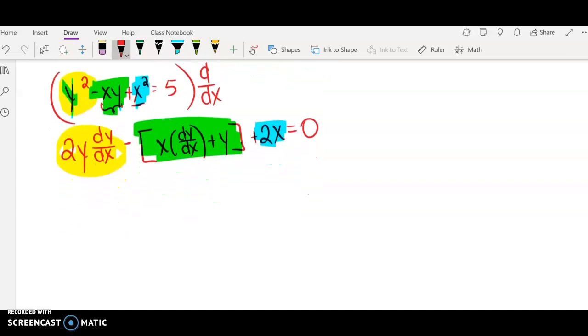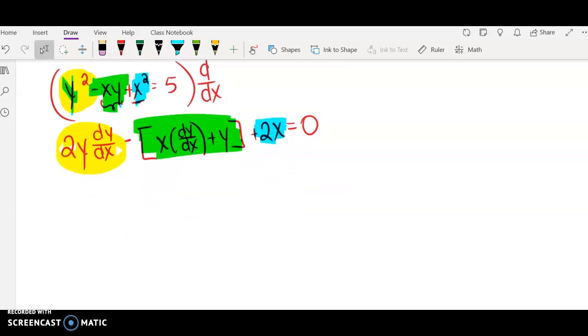What we now have to do is solve this equation. We want to isolate that dy over dx. So we're solving an equation here. But before I do that, what I want to do is get rid of these brackets.